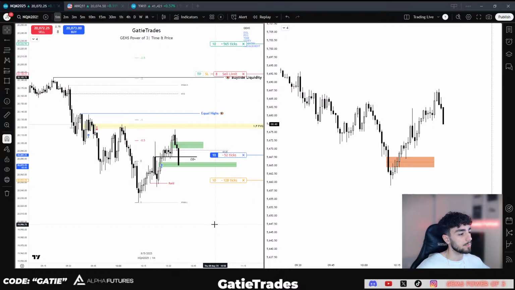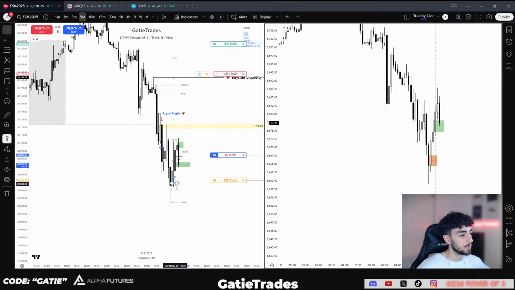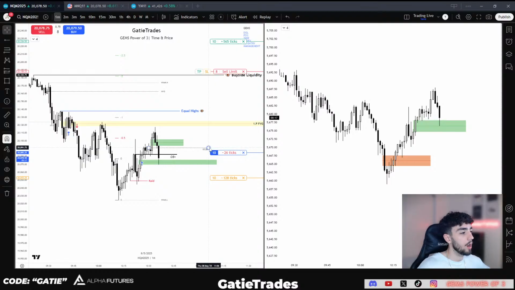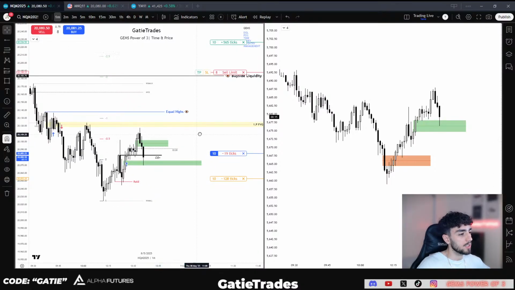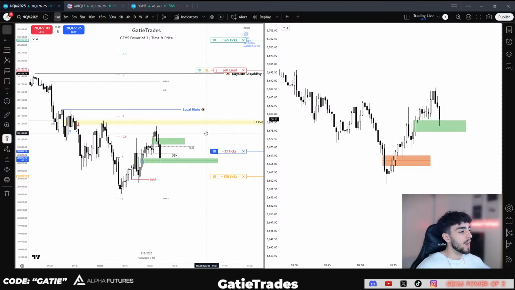Getting into a discount fair value gap. Low covers this volume imbalance and that wick. I don't want to see this close below here, but it might.